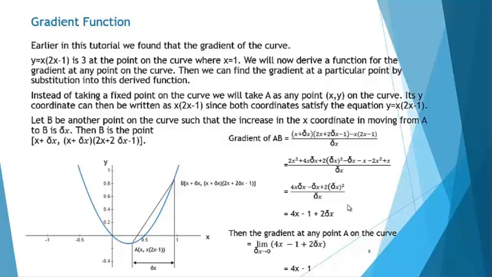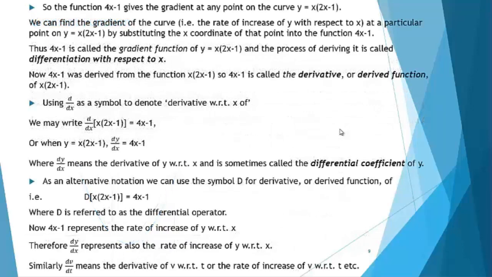Since δx tends to 0 as B tends to A, we can find the gradient at any point A on the curve, which is the limit of 4x − 1 + 2δx as δx tends to 0, giving the answer 4x − 1. So the function 4x − 1 gives the gradient at any point on the curve y = x(2x − 1).